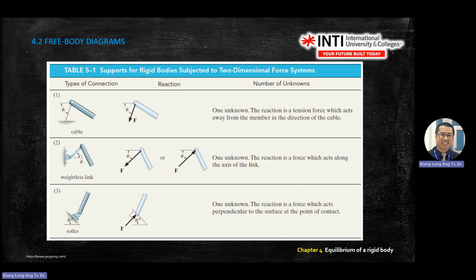The arrow points out because the object feels that the cable is pulling the object. Always imagine you are the object and ask yourself, what do you feel? If you feel the object punching you in, then the force will be pointing in.